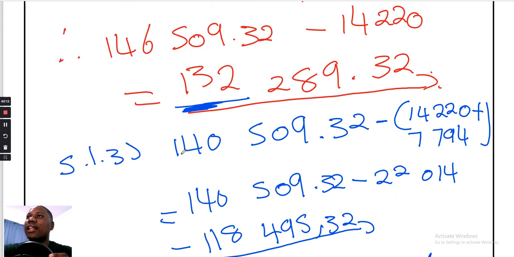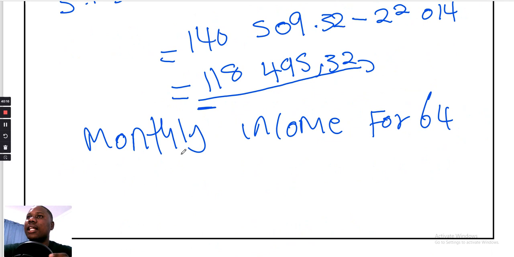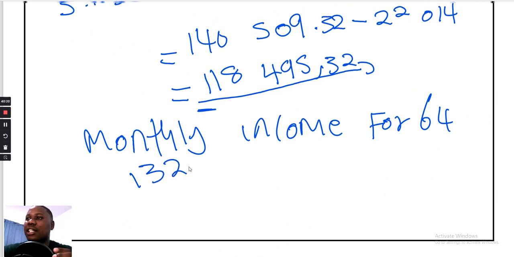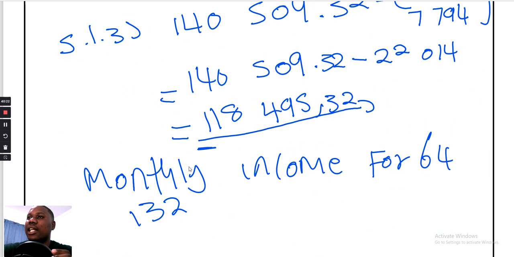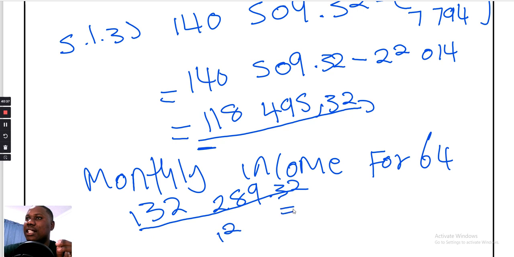So the annual income tax was 132,289.32. Then we're dividing this by 12. And how much do we get? 132,289.32 divided by 12.